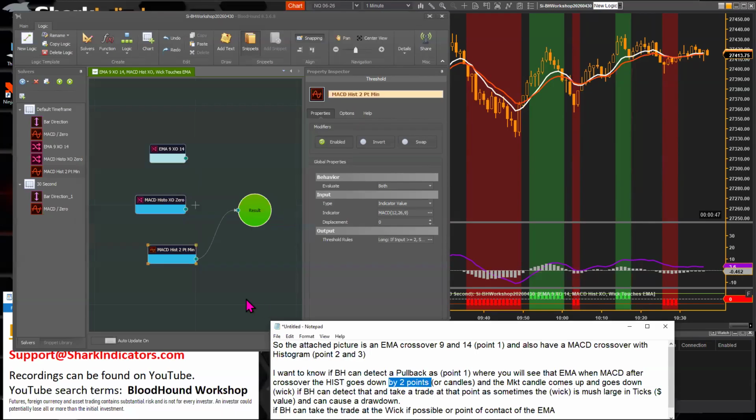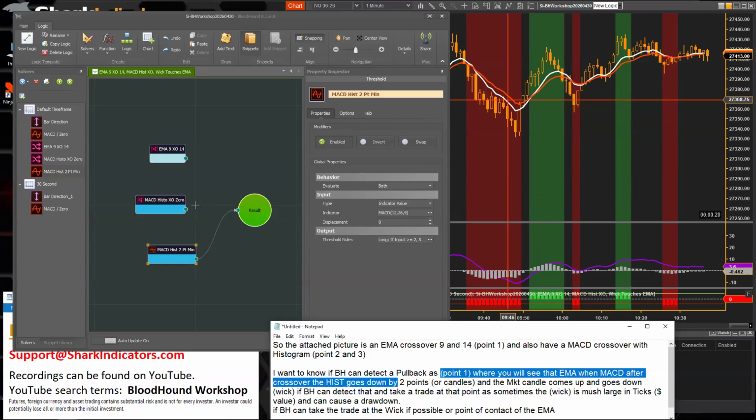Now, of course, you're probably not going to get this 2 point requirement when the wick touches the EMA, right? This 2 point requirement is probably only going to occur if the trade is successful.